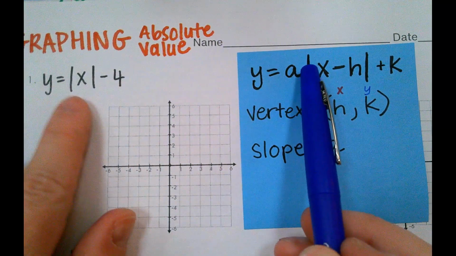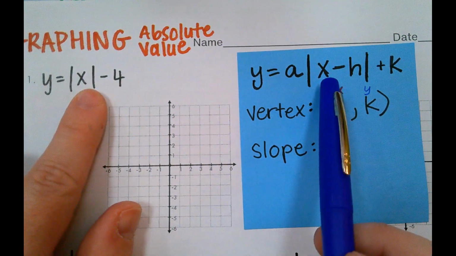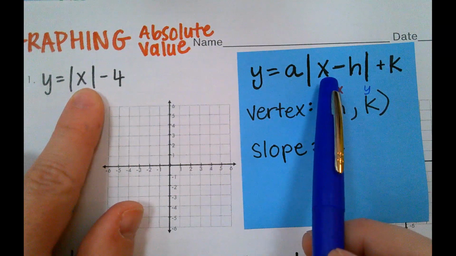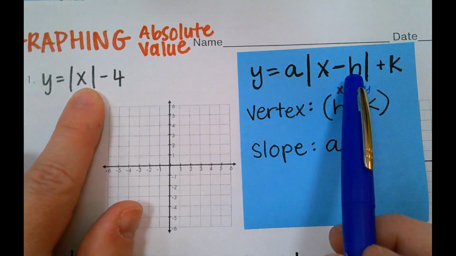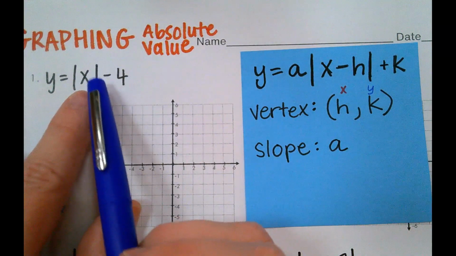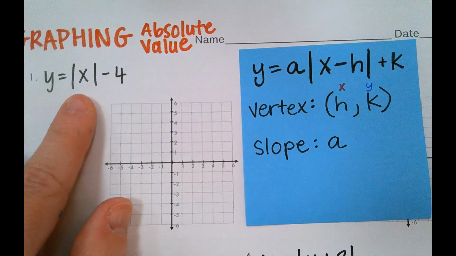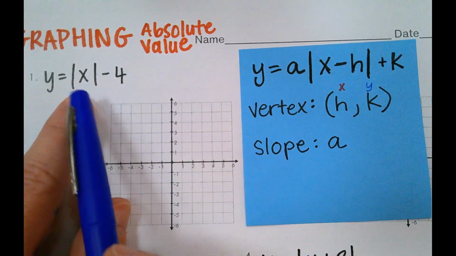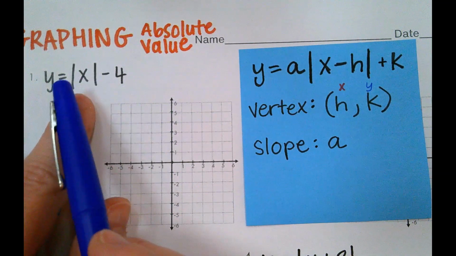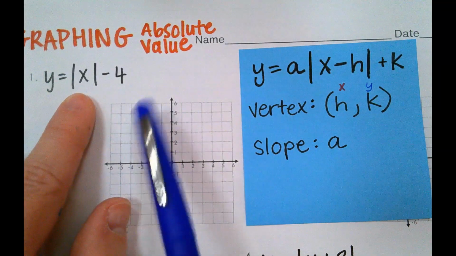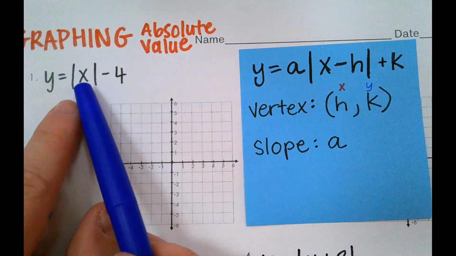Now we're at the absolute value of x. On my blue sticky note, I see after x there's minus h. Is there anything after x in number 1? No, there's no minus anything after x. There's no plus anything after x. So what would that mean my h value is?